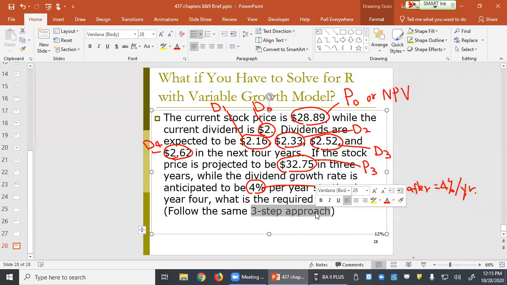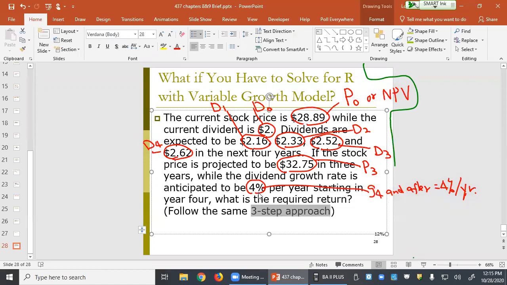Now, if you want to be stubborn, you say, well, just because we're told that the dividend growth rate is going to be 4% starting in year 4, we don't know with 100% certainty that it is not 4% before year 4. Well, if you insist on calculating your G1, G2, and G3, you can still do that. The growth rate is just the rate of change. Just think of the capital gains yield that we have learned how to calculate in the past.